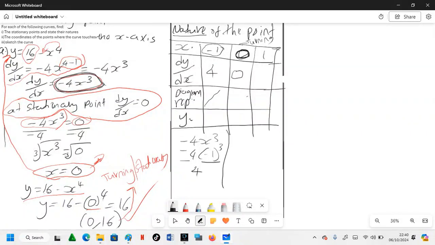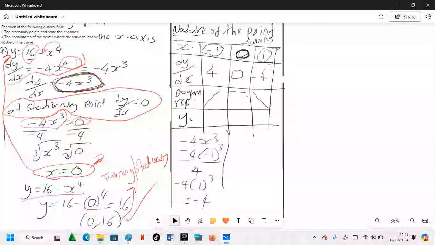If we put 1 in that same equation, we're going to have negative 4 times 1 cubed, and 1 cubed is 1. Therefore, the answer is going to be negative 4. And because it's negative, the curve looks like that at a point where the gradient is negative, and of course where the gradient is 0, it's a horizontal line, right?